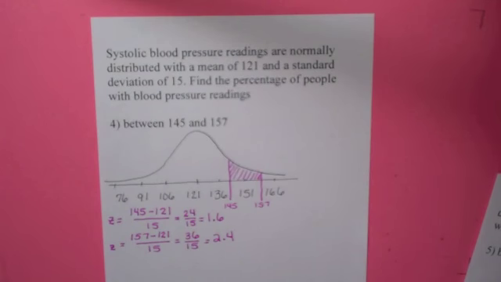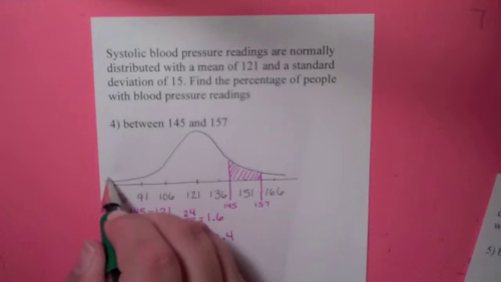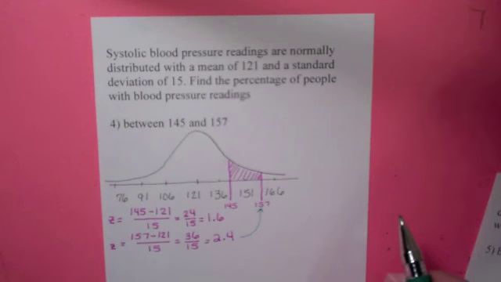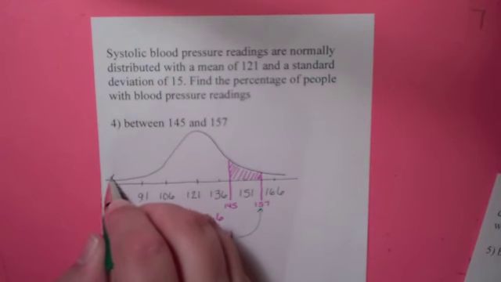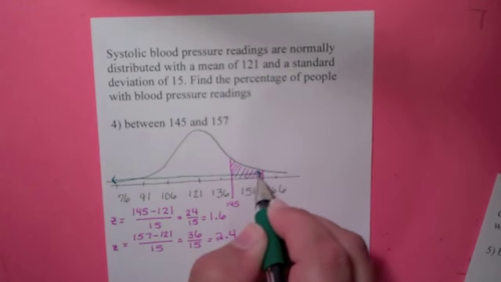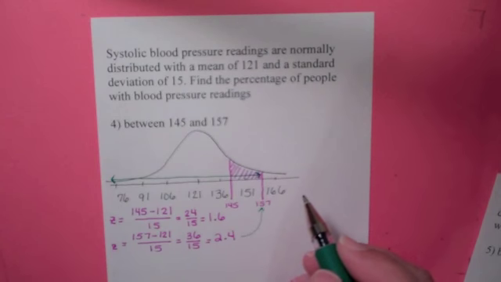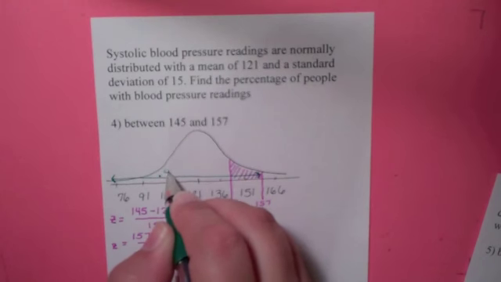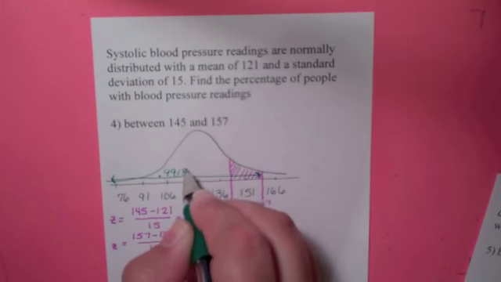Okay. All right, so the first thing I'm going to look up is one of these z-values. Doesn't matter which one you look up first. I'm going to look up the 2.4 first, which corresponds to the 157. And remember that the number I find in the table is the area to the left of this point. So when I look that up, I get 0.9918.